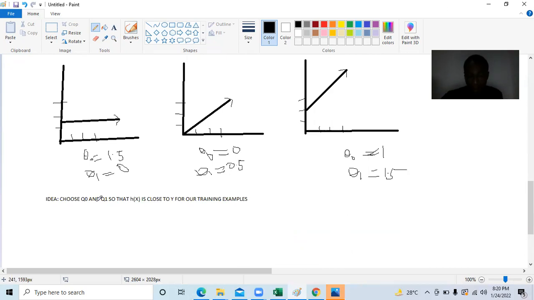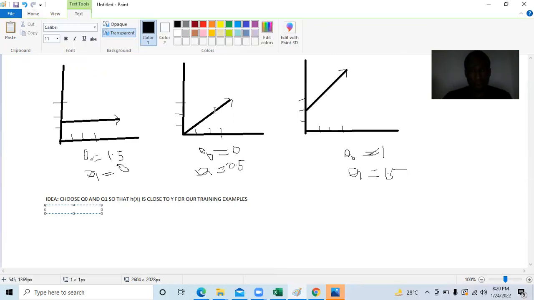And to do that, we use something called a cost function. Let me write this down for emphasis sake. We measure the accuracy of our hypothesis by using the cost function.